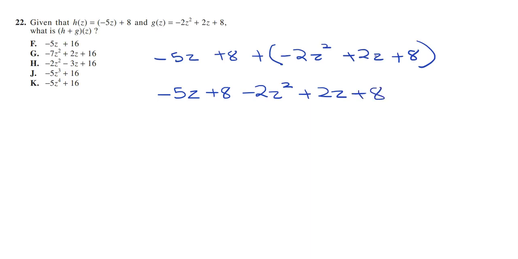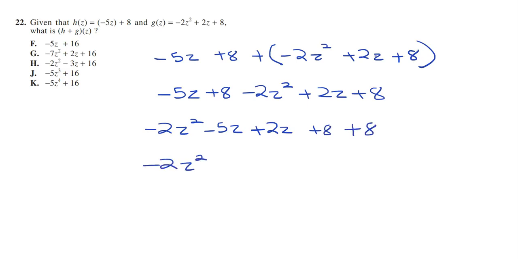So let's group common terms together. Negative 2z squared minus 5z plus 2z plus 8 plus 8. So negative 2z squared minus 3z plus 16.